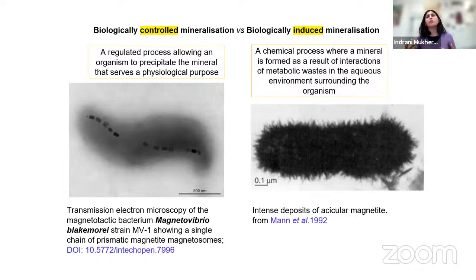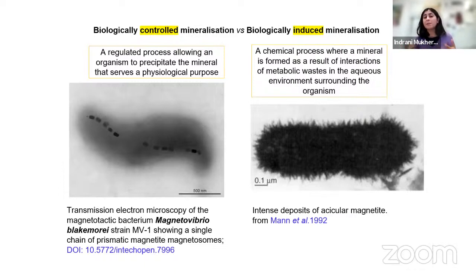In the process, I realized that I was coming across a lot of textures that looked biogenic. I would always put it in my manuscripts or papers as biogenic with a question mark in brackets, because there was no way of being certain that it was in fact biogenic.